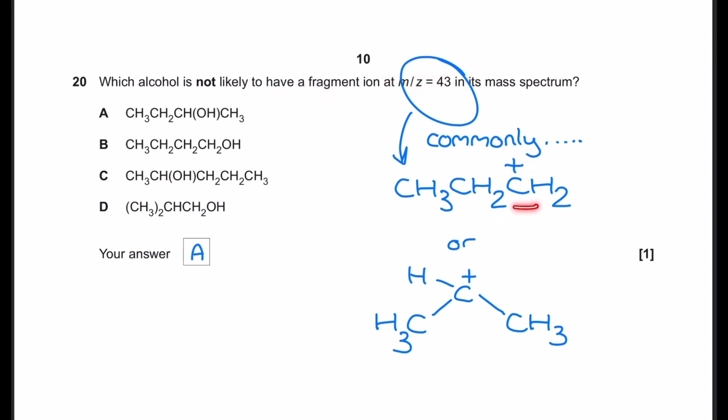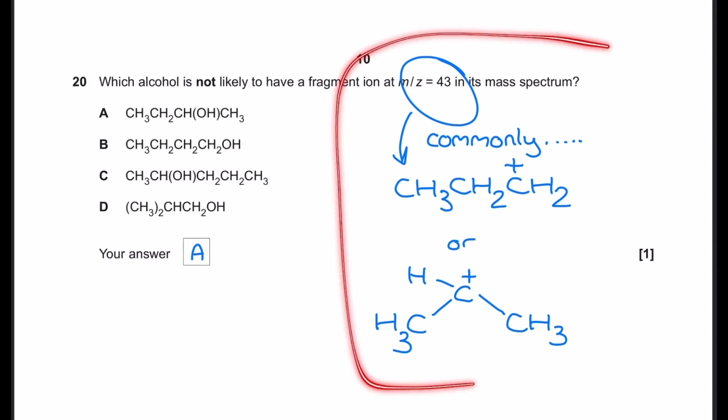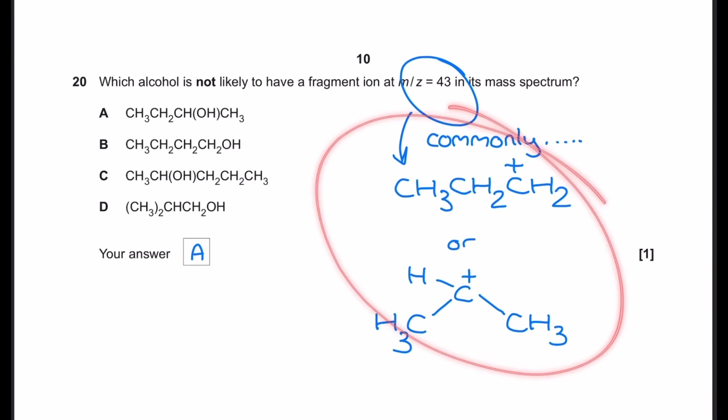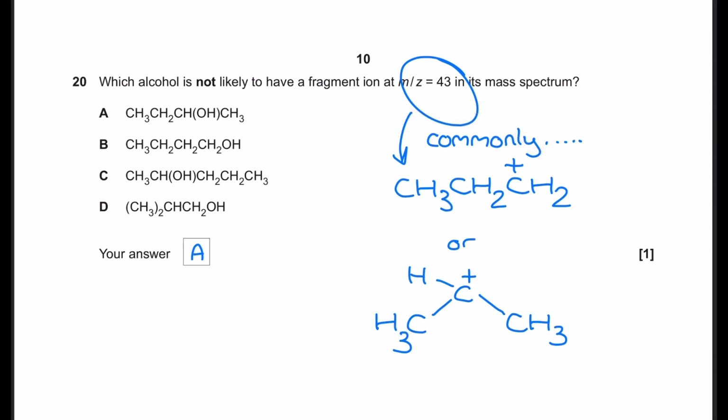We're looking for 3 carbons together, fully saturated, obviously missing something at the end because we've got this positive charge just here, or you could have this structure where the positive charge is located in the middle. Either way, 43 is a very common structure piece like these in organic chemistry as a fragment.